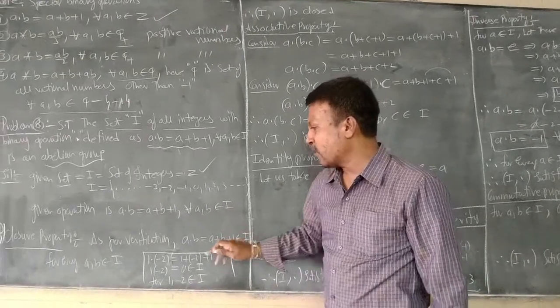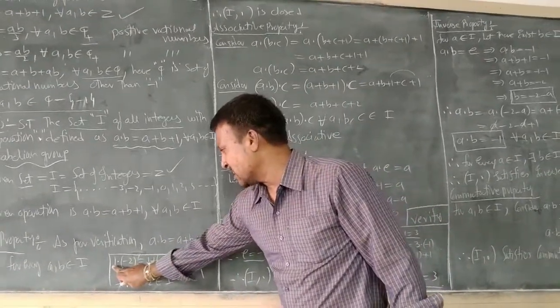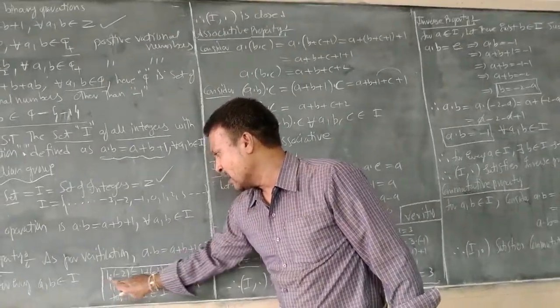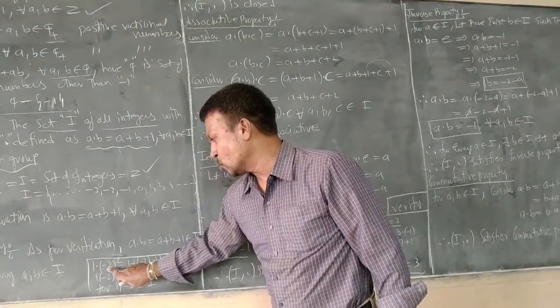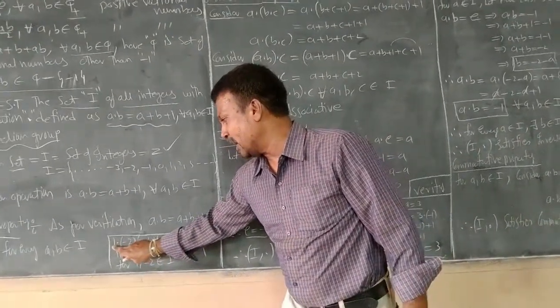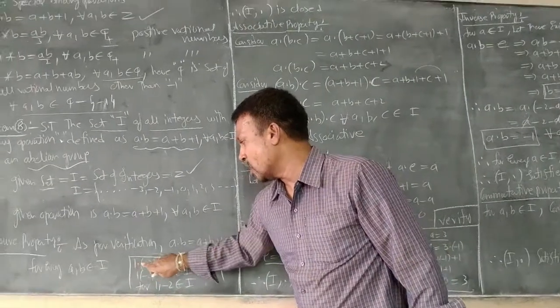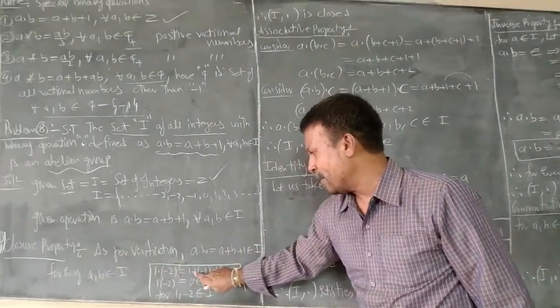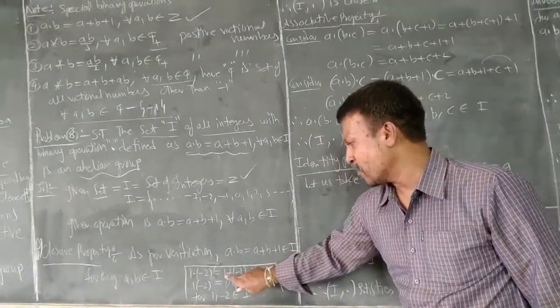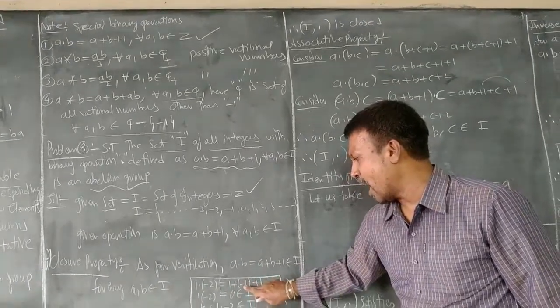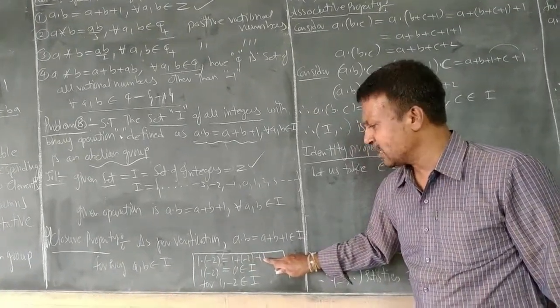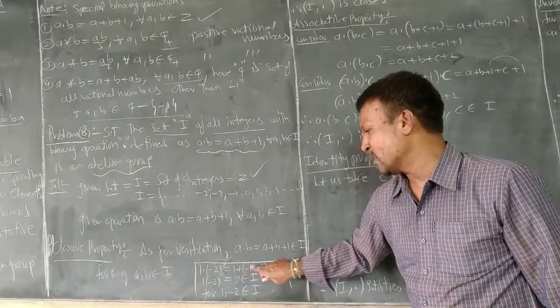So for that I have taken one example. Instead of the first integer a I have taken 1, instead of the second integer b I have taken -2 and I substituted in a dot b. A dot b, that is 1 dot -2, is equal to a plus b plus 1. So instead of a I wrote 1, instead of b I wrote -2, so 1 plus of -2 plus 1.